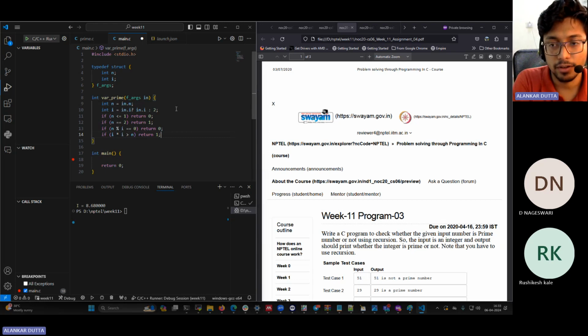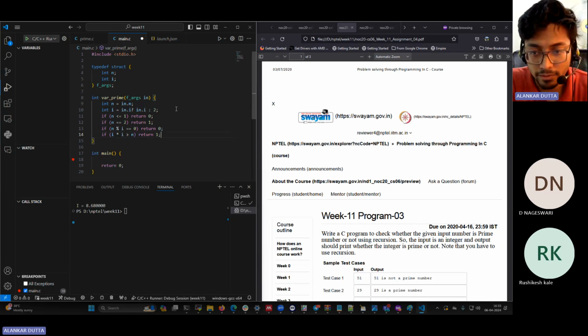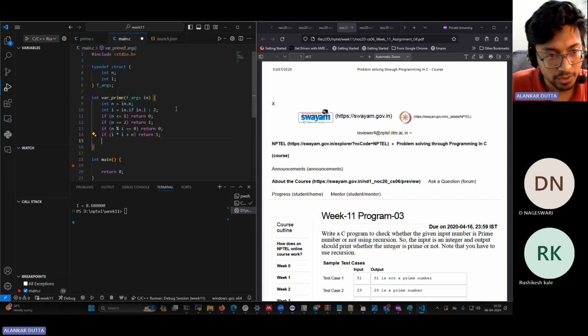And since this I is going to increase, so n plus I is what you are going to call. And if you go till I square, then you know that none of the previous i's were able to divide the number and get a remainder which is 0. So none of the i's were divisible, and therefore you have come to the conclusion that this is a prime number.